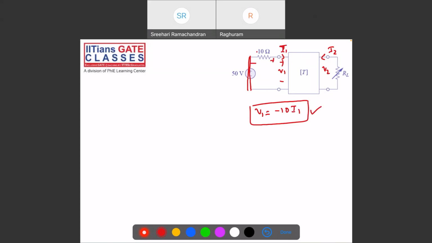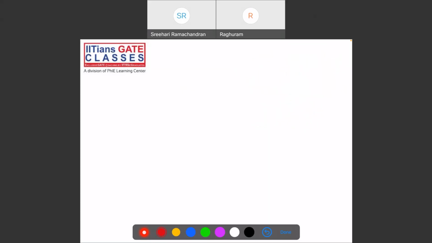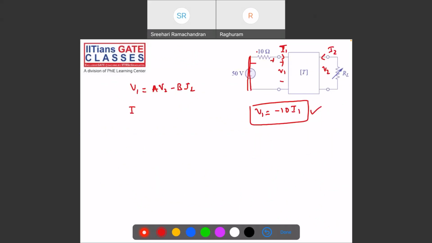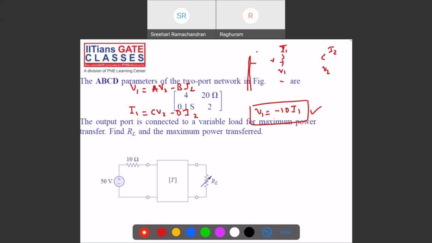So replace this in the transmission parameter equations. V1 is equal to A V2 minus B I2, and I1 is equal to C V2 minus D I2. I got A, B, C, D values 4, 20, 0.1, 2.